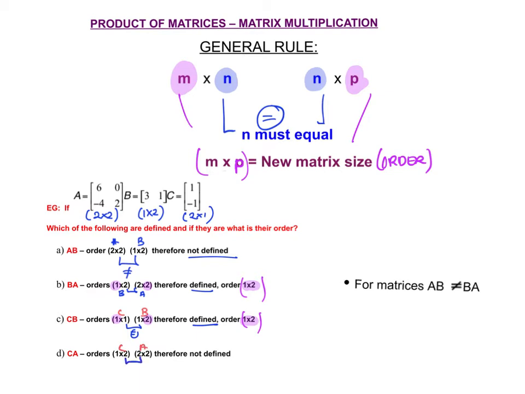Yes, it's defined, and the order will be a 1 by 2. Oh, that's not right, is it? So we're going to cross that out. C is not a 1 by 2, is it? C is a 2 by 1. We've written that wrong down, so that's not defined.